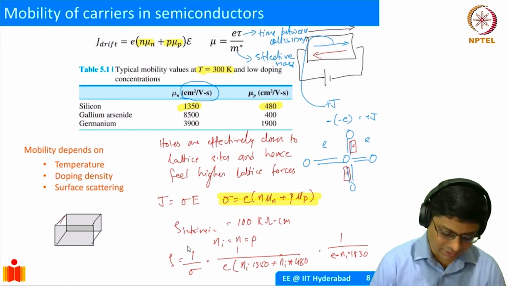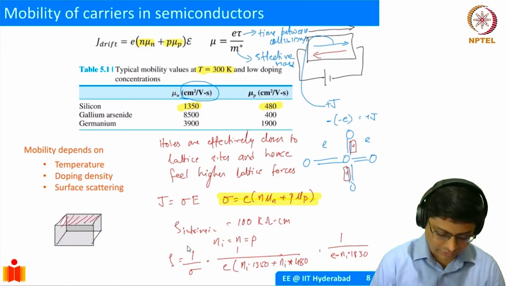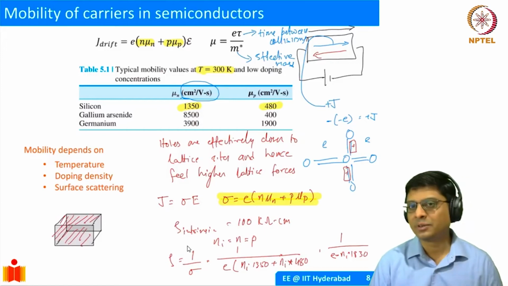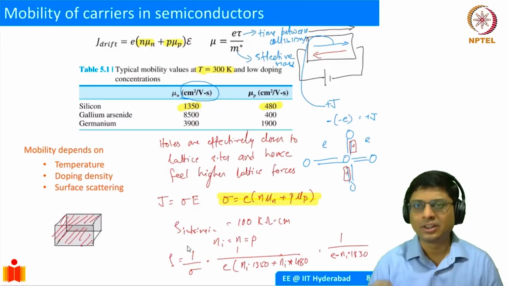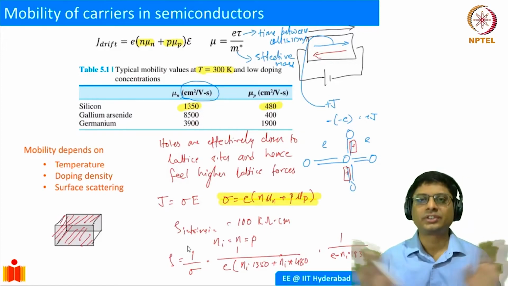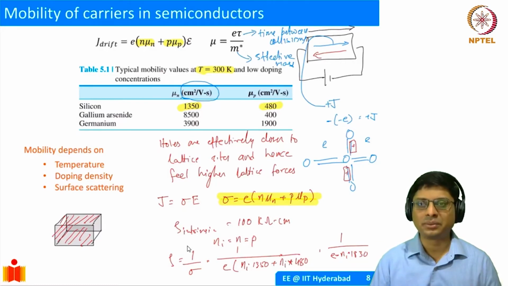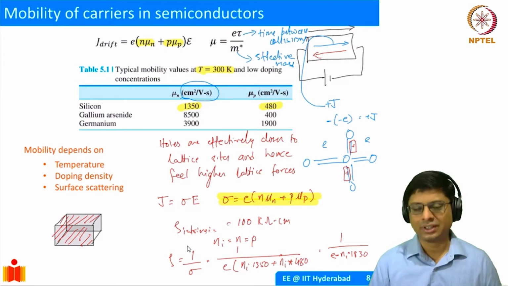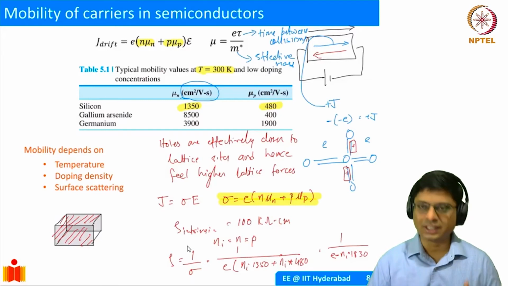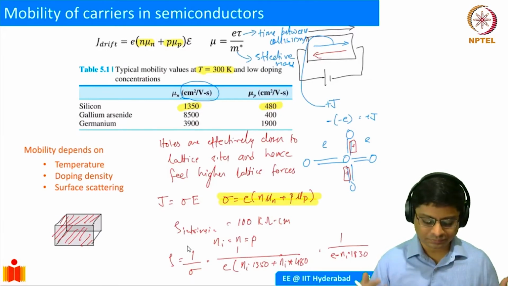If I take this top surface, will the mobility be the same as the bulk? Of course not, because on the surface you have unsatisfied bonds. They're not going to be four covalent bonds, or eight electrons shared. We call them dangling bonds, bonds which are unsatisfied. Because of that, it will not have the same mobility.